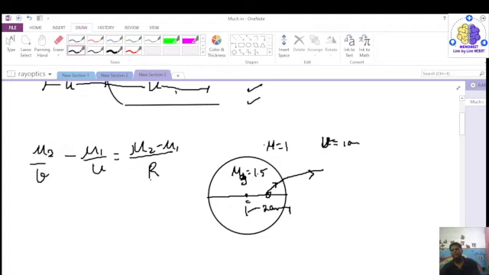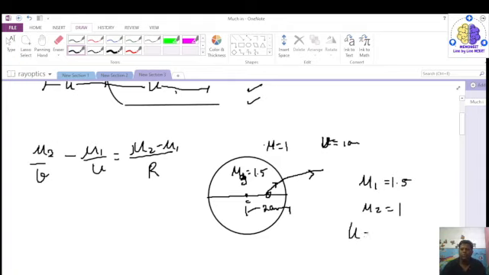So mu2 is the medium in which there is the refracted ray, and mu1 is the medium which contains the incident ray. So according to this concept, mu1 will be equal to 1.5 and mu2 will be equal to 1, right?